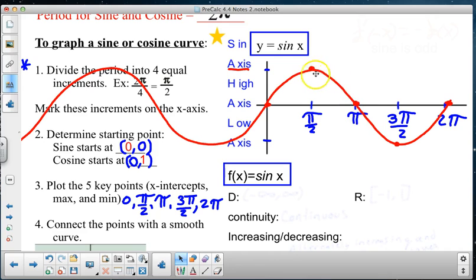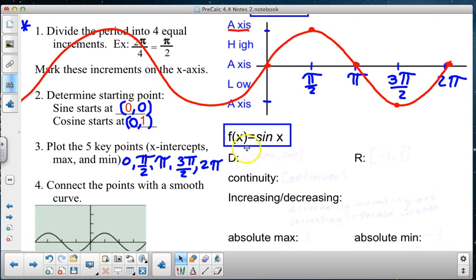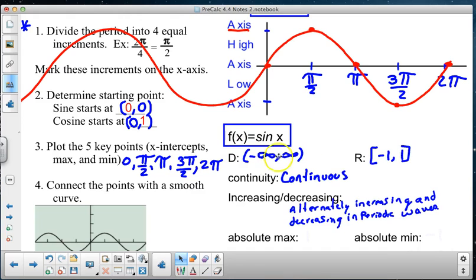I did errantly click on my graph. Remember, it continues on forever from negative infinity to infinity along our domain. That's what our domain is.